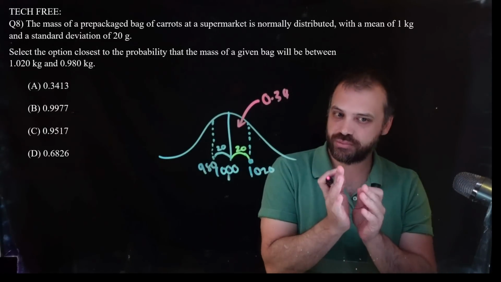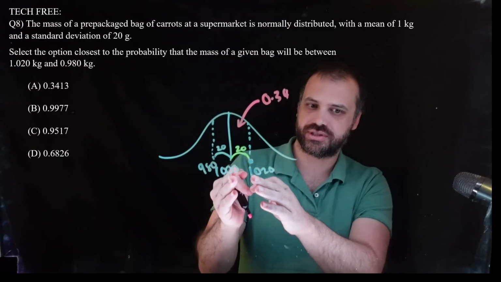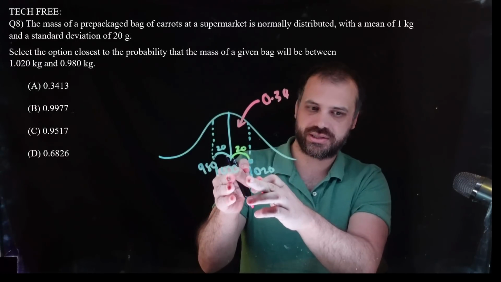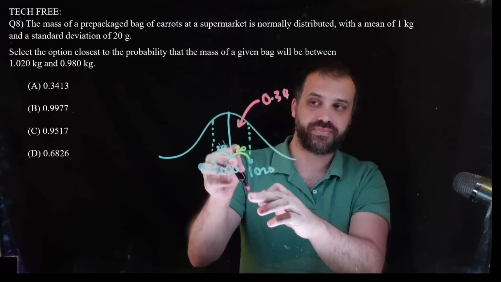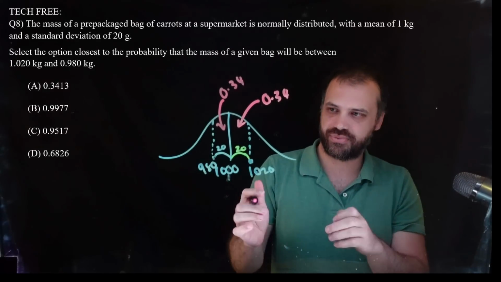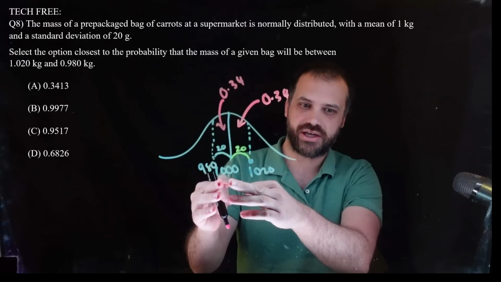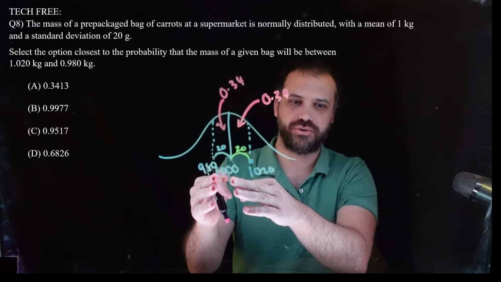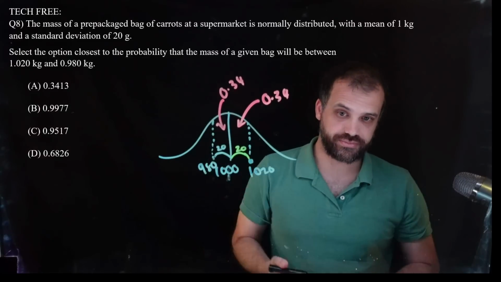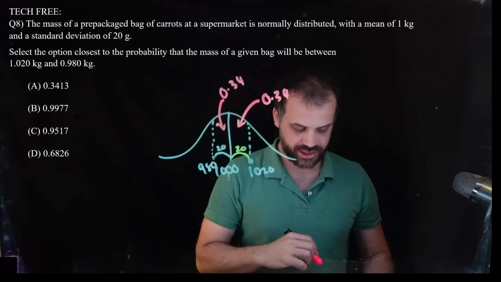There's a 34% chance that something is between the mean and one standard deviation above it. There's a 0.34 chance that something is one standard deviation or less below the mean, right? And we want those together. So 0.68.